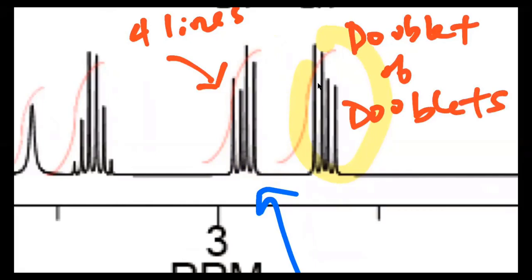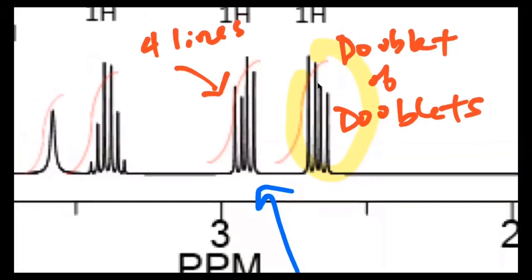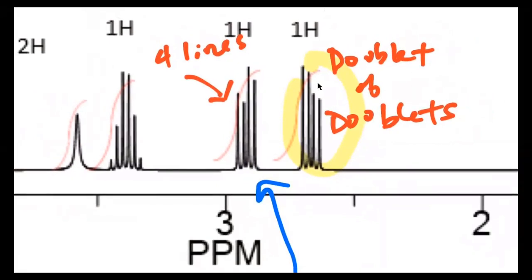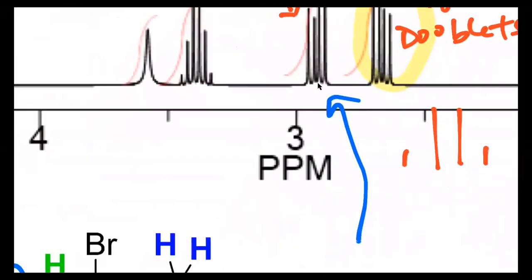You only see that if you have that type of complex splitting where you have a chirality center adjacent to a set of protons. That's the only time you're going to see that. So it's 4 lines, but it's not a quartet, and a quartet is normally symmetrical. A quartet would normally look like this, where you have 2 outside lines and then 2 inside lines that are the same height, but you don't see that there. And that's only because of that chiral center.